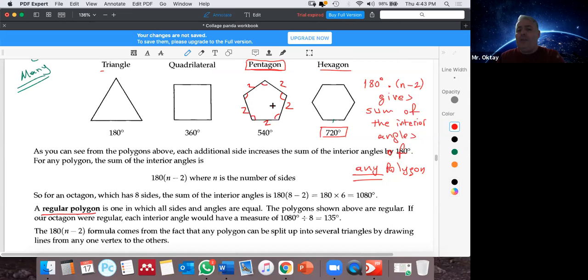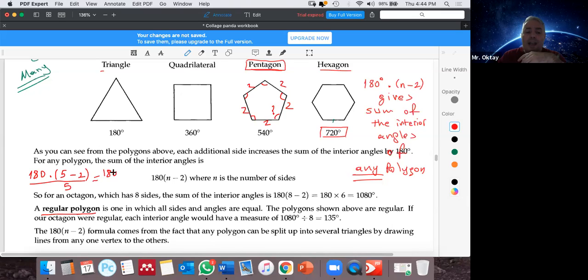So what will be one angle measure if they are the same? I know the sum of all interior angles is 180 times 5 minus 2. Why? Pentagon means 5-sided. Since all the interior angles are the same, I have 5 sides, so 5 angles, so divide by 5.